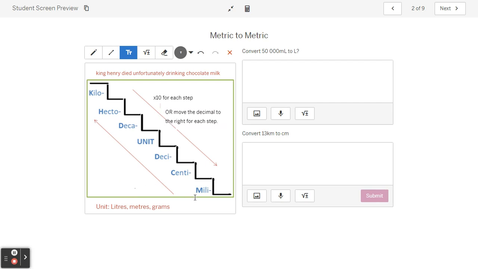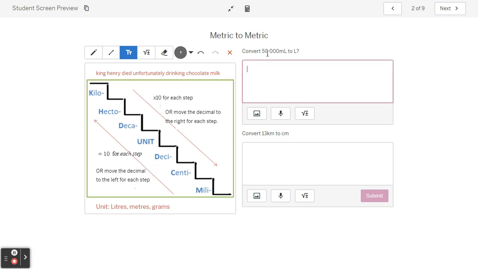Now, if we're doing the reverse, going from a very small unit to a larger unit, we're going to be dividing by 10 for each step that we take. Or we could say we're going to move the decimal to the left for each step.